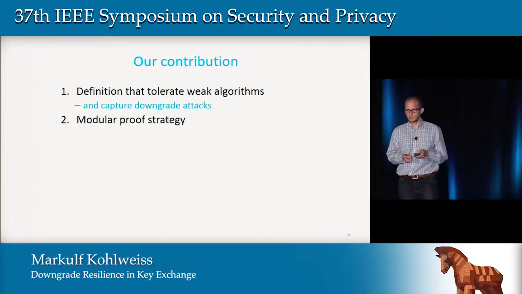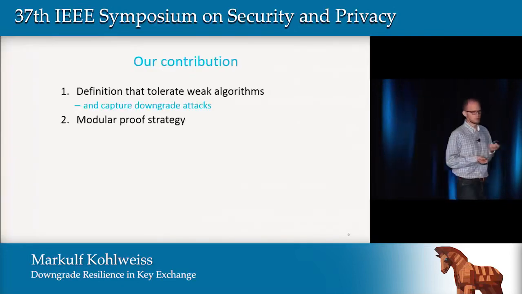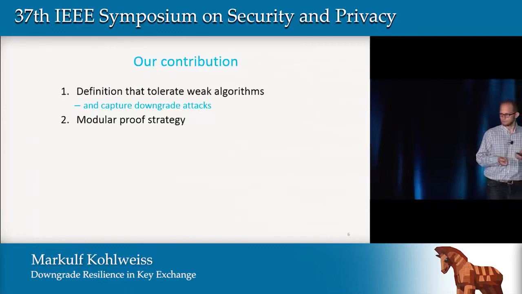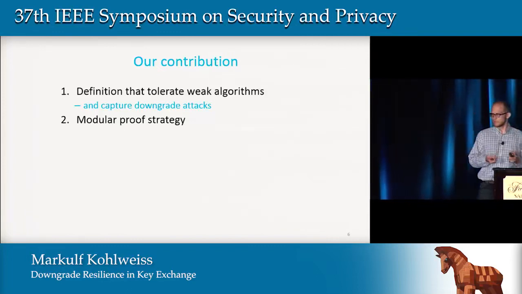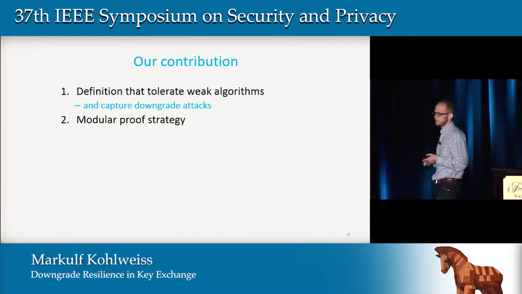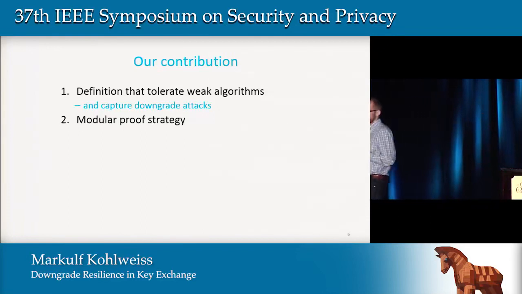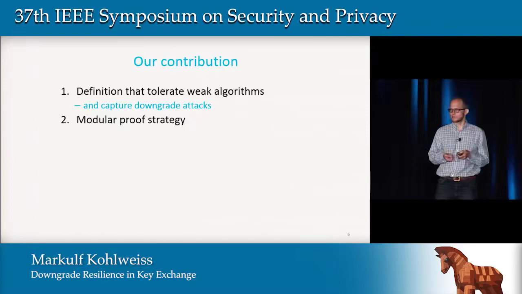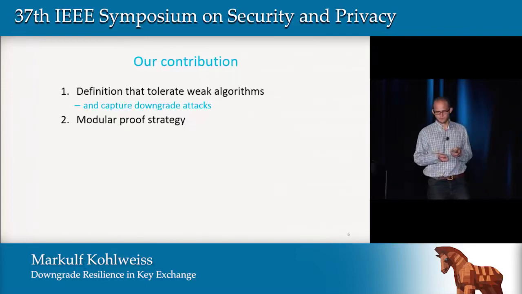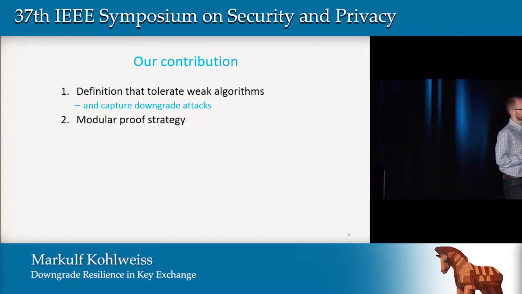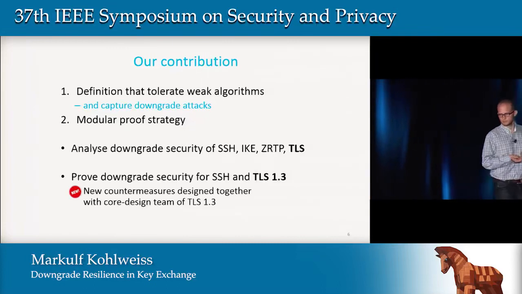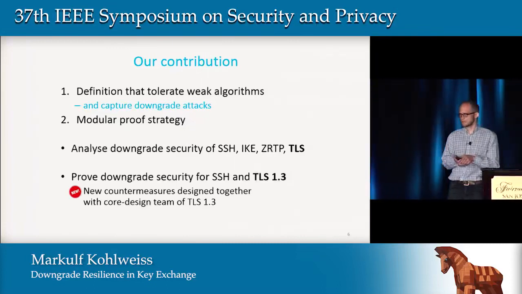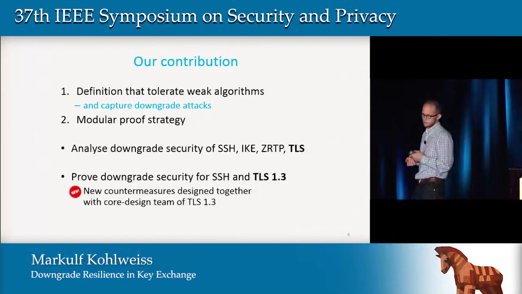So, summarizing our main contributions. We have 2 general contributions for making the wild west of real-world protocols a bit more orderly. One is downgrade definitions, and the other is a modular proof strategy for proving downgrade security. In addition, we have protocol-specific contributions in terms of attacks and also security proofs in our new model.